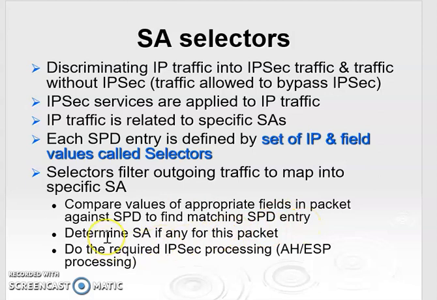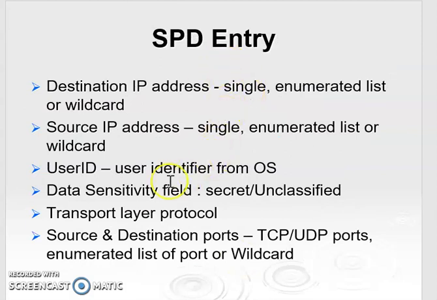Then you determine the security association, if any, for this packet, or any associated security parameter index. Then the required IPsec processing is carried out, that is AH or ESP processing. You can see these are the values for the fields of the SPD entry, that is destination IP address, source IP address, user ID, etc.